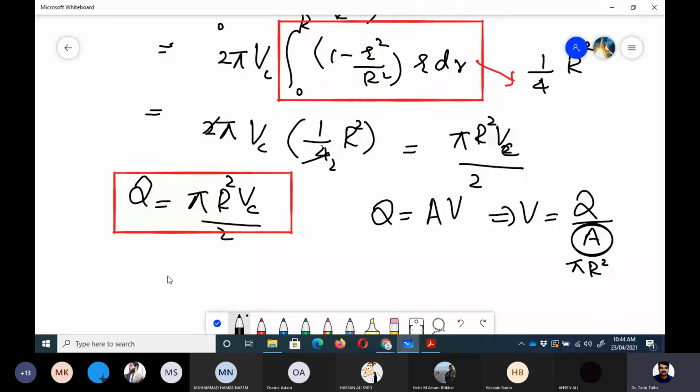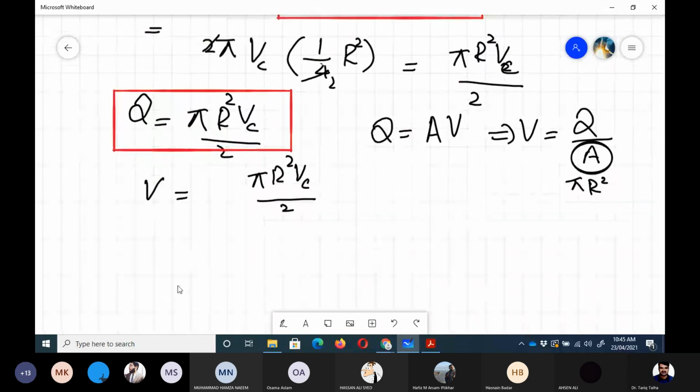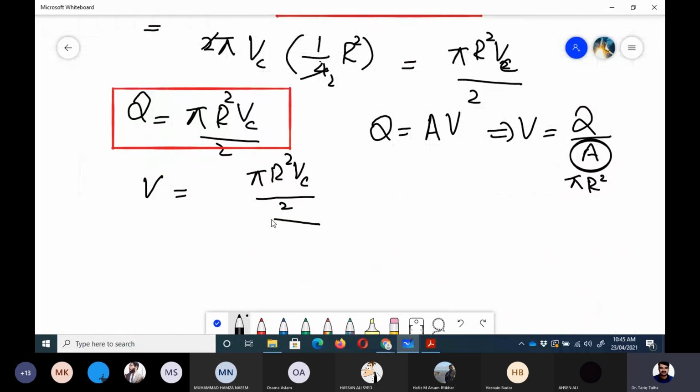So if we put that value, V would be equal to Q. Instead of Q, I am going to write pi R square Vc upon 2, divided by pi R square.